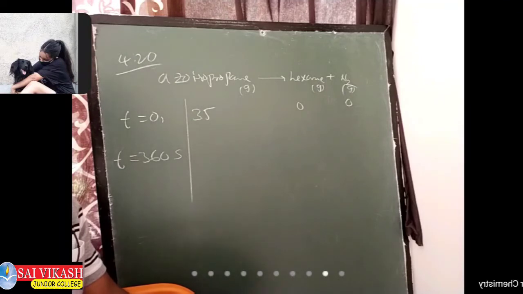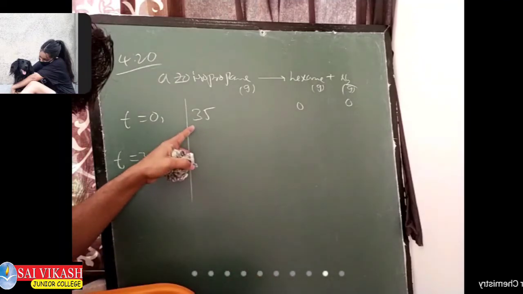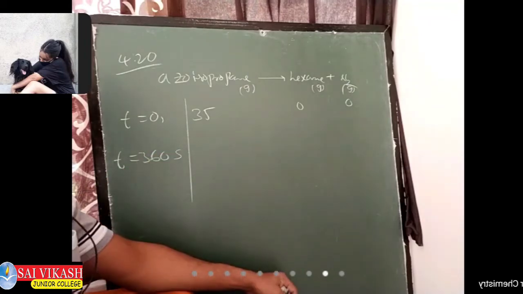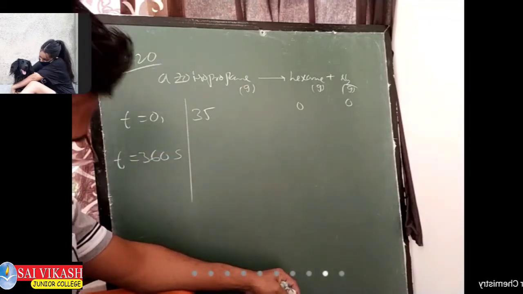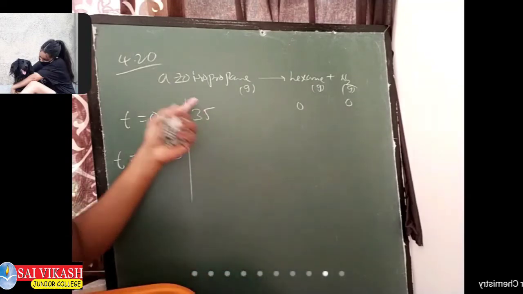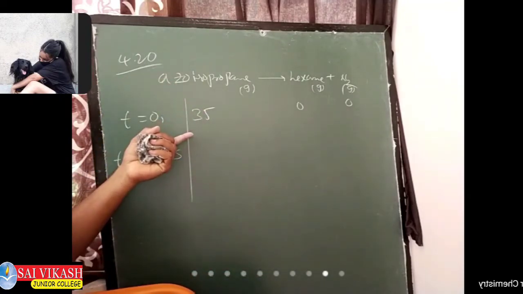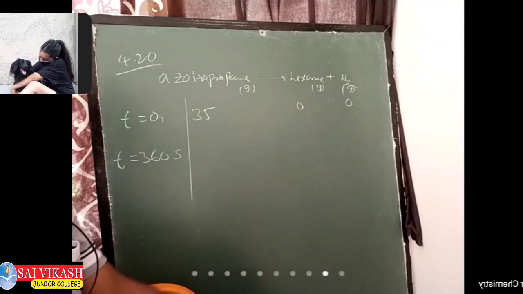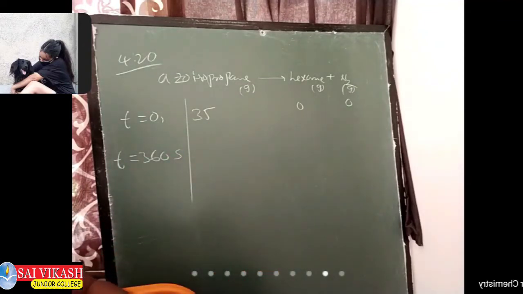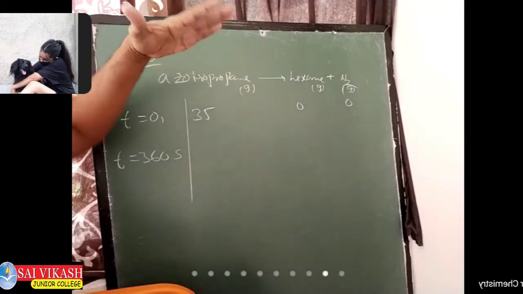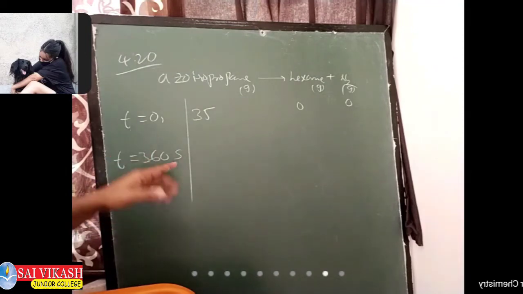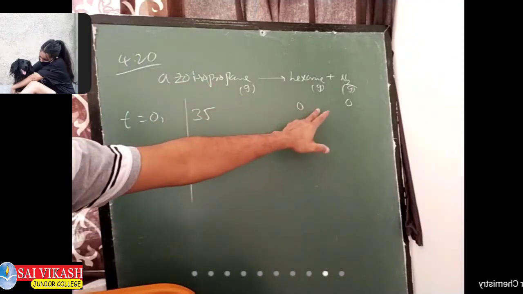See how it is possible? Initially 35, after 360, the pressure is increased. What does it mean? Tell me. The given pressure 54 is what? Is this only the reactant pressure, tell me? The 54 is the pressure of the reaction mixture at 360 seconds. Initially there are no products.